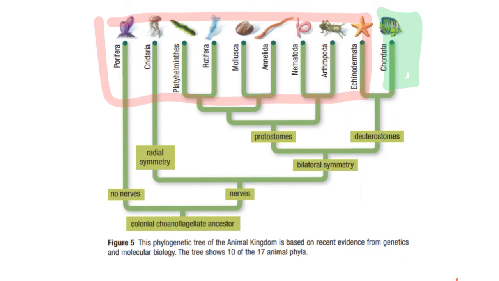And it all comes back to our ancestor, that colonial flagellate protist, which allowed all of kingdom Animalia to come to be what it is as we know today. So today we focused on the different phyla in kingdom Animalia, with a particular focus on the invertebrates, because those are the ones you would be the least familiar with.